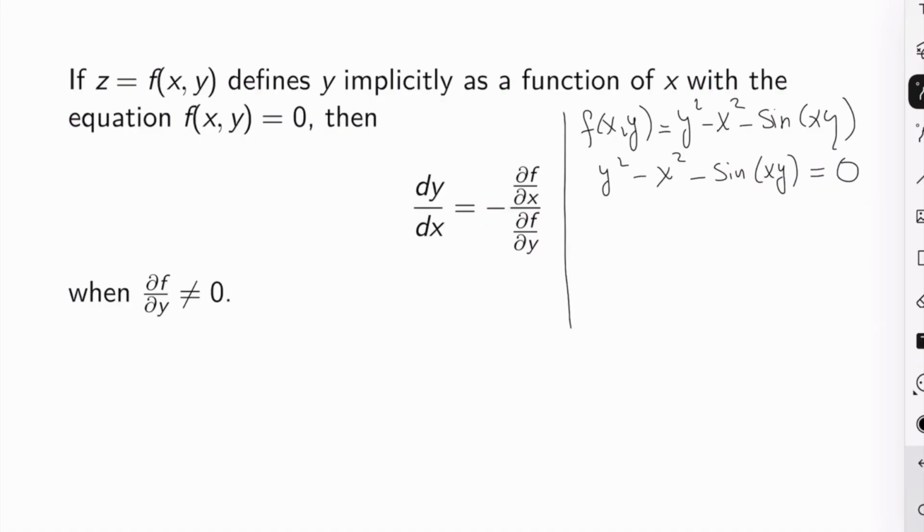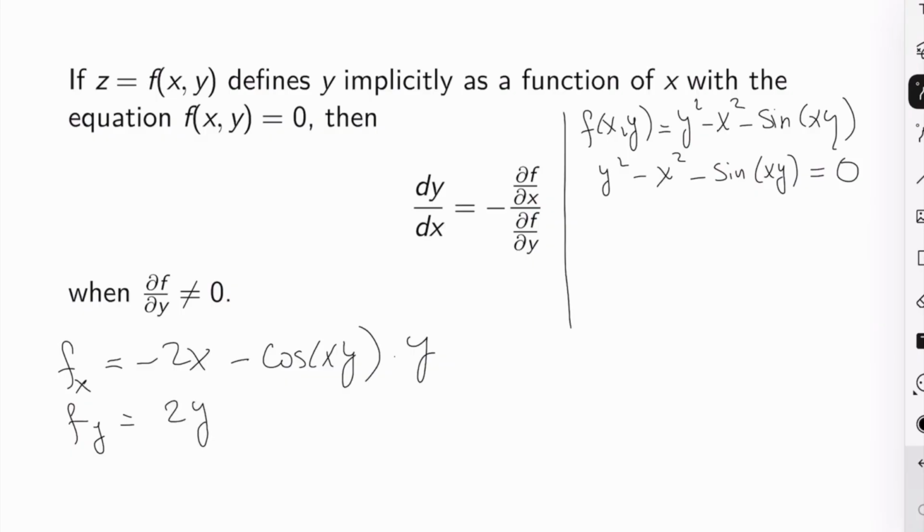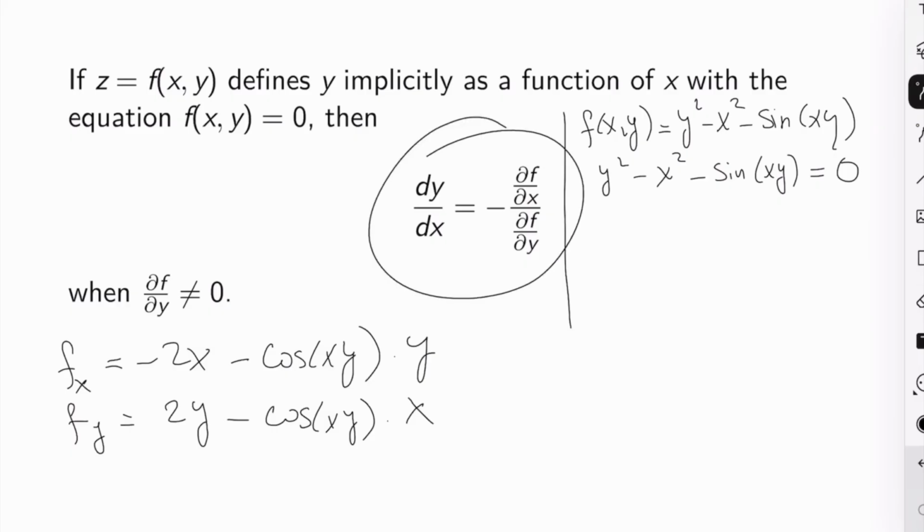So let's calculate the partial derivatives of this function in this case. The partial with respect to x is going to be minus 2x minus cosine of xy times y. And the partial derivative with respect to y is going to be equal to 2y minus the derivative of sine, again cosine of xy, now times x. Okay, and now the only thing that remains is to put these functions as a quotient there.